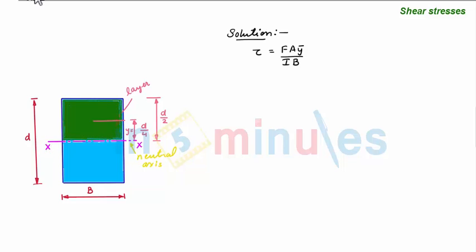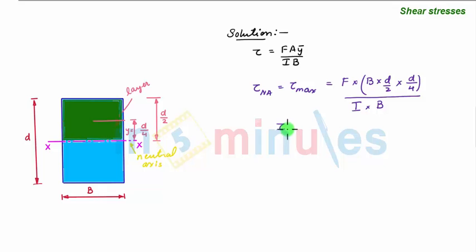If we try to determine the shear stress at the neutral axis, we have to consider this shaded area. So shear stress at neutral axis, or the maximum shear stress, will be given as F into A y bar, where A is the area of this shaded part, which is b into d by 2, multiplied by the y bar, which will be half of this depth, which is d by 4, upon I, let me keep I as it is and not expand it, multiplied by width b.